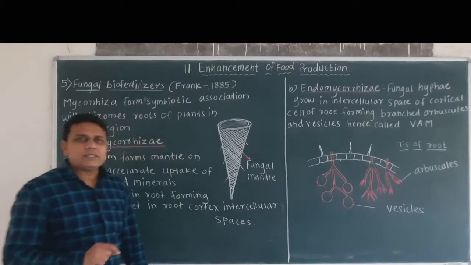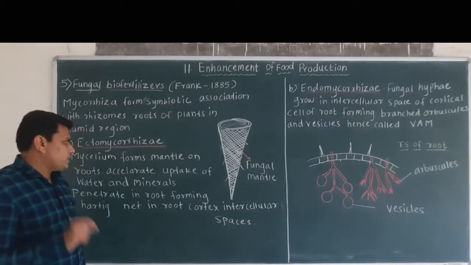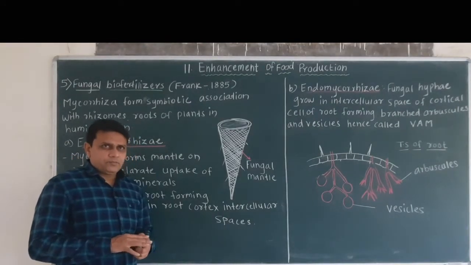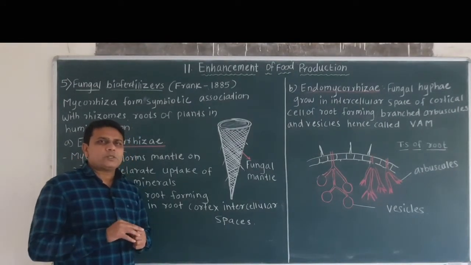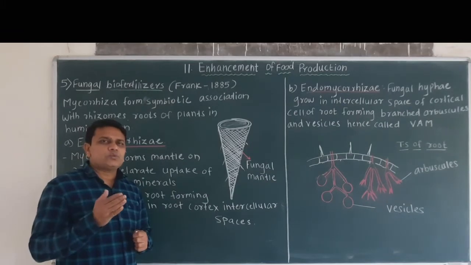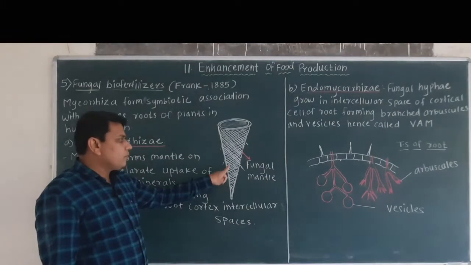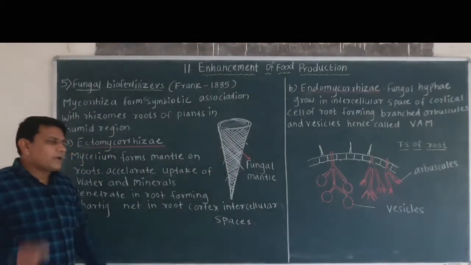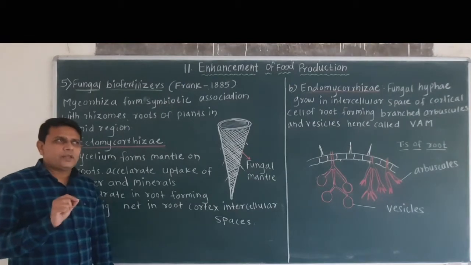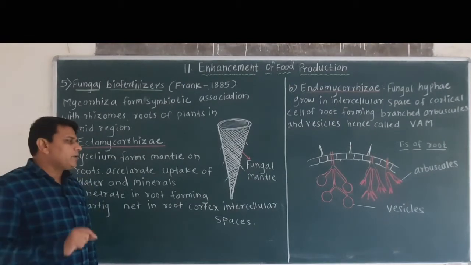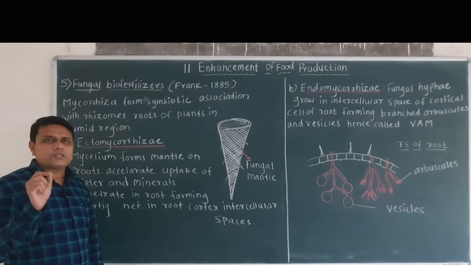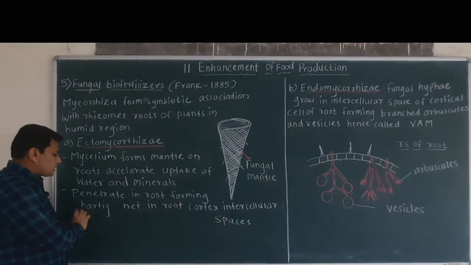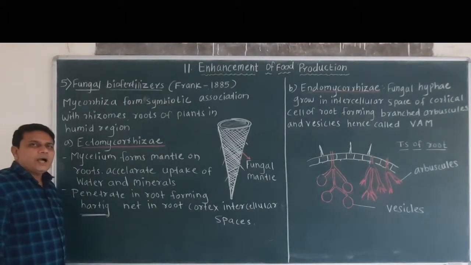It is called ectomycorrhizae. Now this ectomycorrhizae helps in the absorption of water and minerals to the roots. Then some fungal hyphae penetrate the cortex of the root and are present in between the intercellular spaces of the cortical cell, and they form a net-like structure called Hartig net.